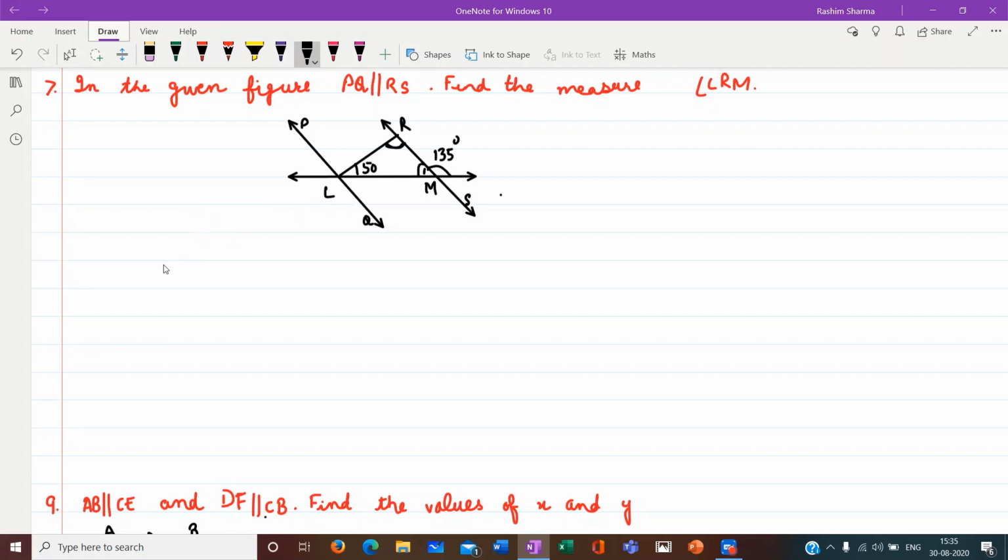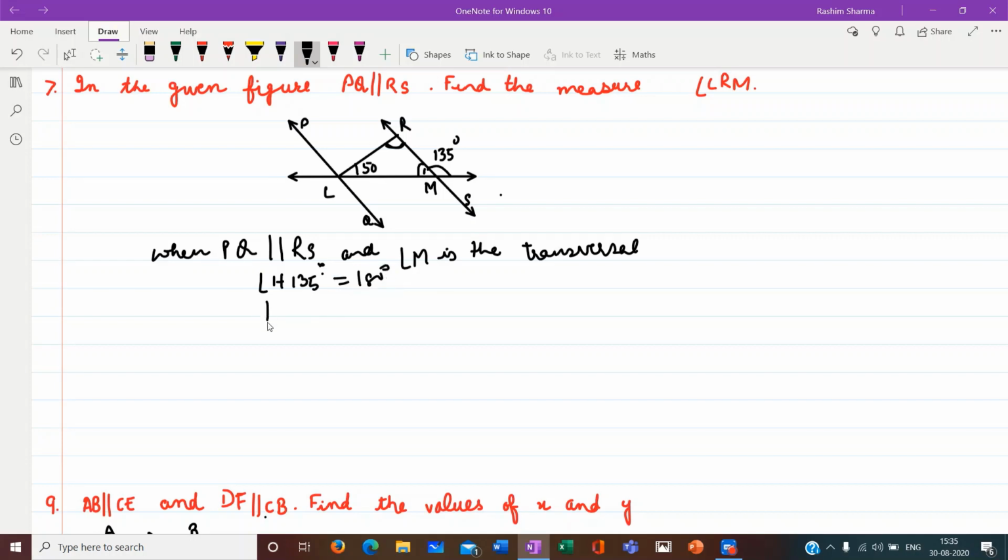So we will write, when PQ is parallel to RS and LM is the transversal, we get here angle 1 plus 135 degree is equal to 180 degree. Angle 1 comes as 180 minus 135. So angle 1 is equal to 45 degree.